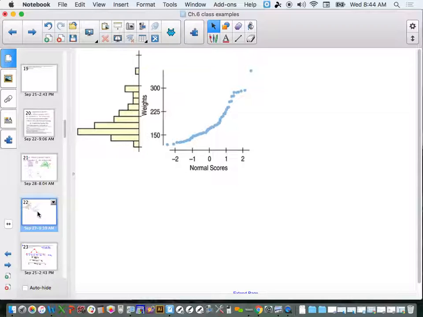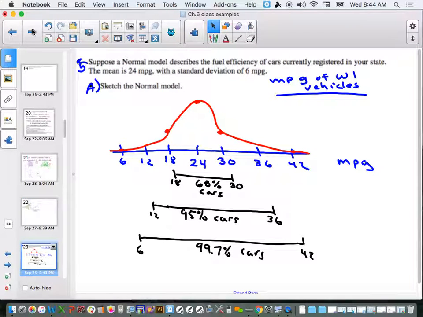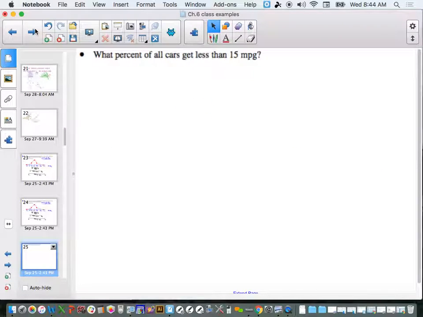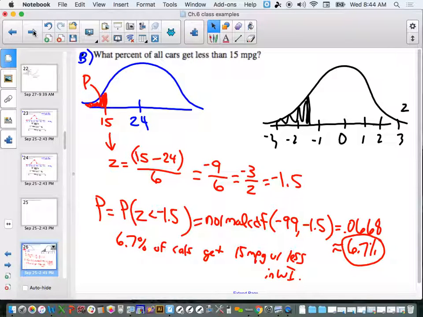So let's pretend it would be appropriate for fuel economy of cars. If we made a histogram, they'd be unimodal symmetric, the normal probability plot would be linear. So then what we did to answer part B, what percent of all cars get less than 15? We made a sketch of our normal model. We put 15 where that would be. It'd be somewhere below the mean.